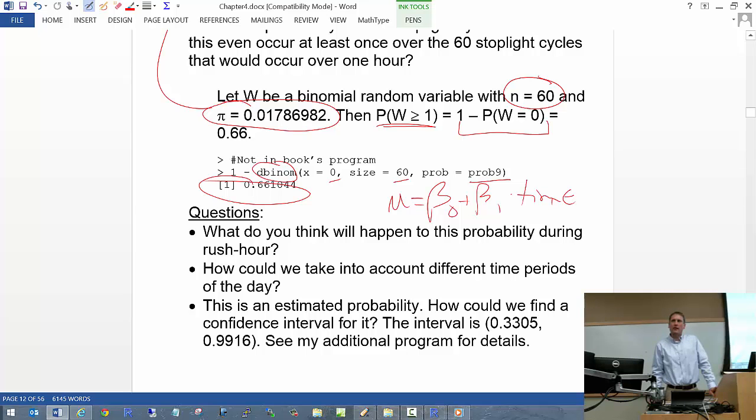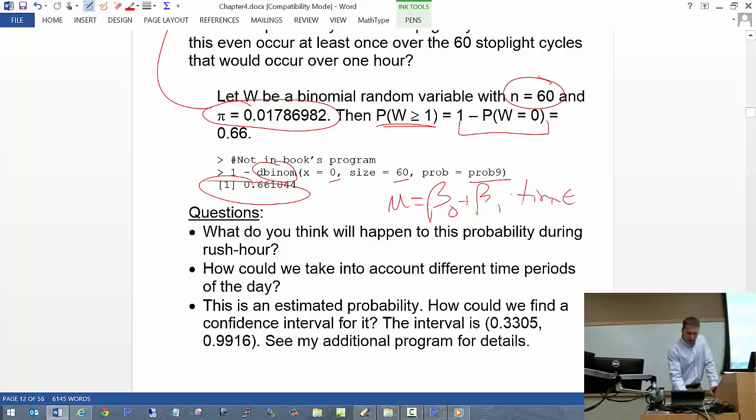But you get the point. So in other words, what we're talking about now is a Poisson regression model. We will talk about that more closely very soon.